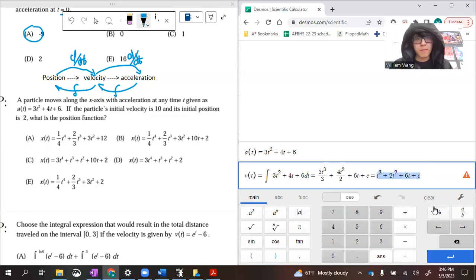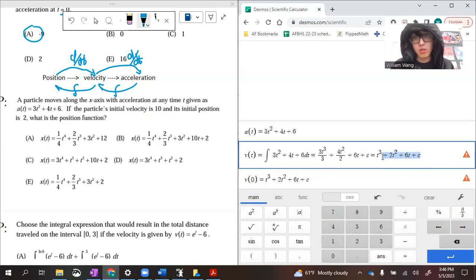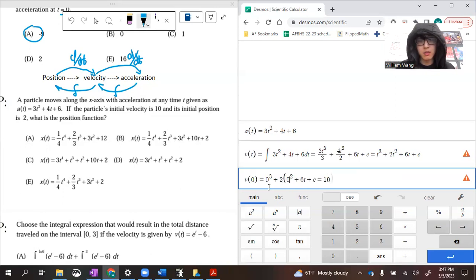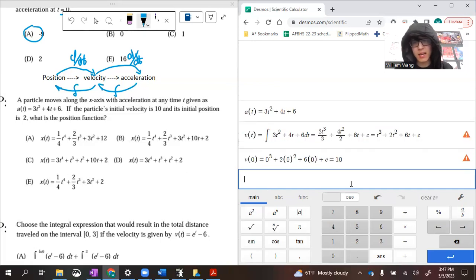All right, so I would keep going, but what do they say? The particle's initial velocity is 10. So that means v of 0 should be equal to 10. So this whole thing, when I plug in 0, should be equal to 10. So I plug in 0 for t, so 0 cubed plus 2 times 0 squared plus 6 times 0 plus c is equal to 10.